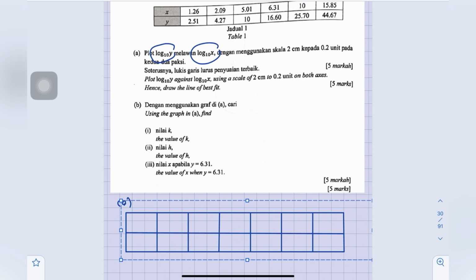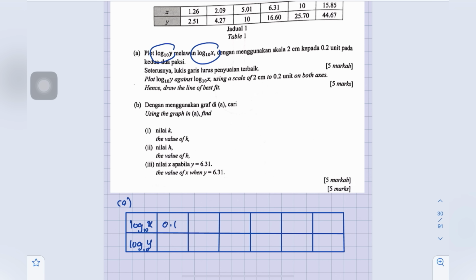Okay, so for log x base 10 and log y base 10. Log 1.26 is 0.10, given in two decimal places. Log 2.09 is 0.32. Log 5.01 is 0.70. Log 6.31, 0.80, log 10, 1.00, log 15.85, 1.20.